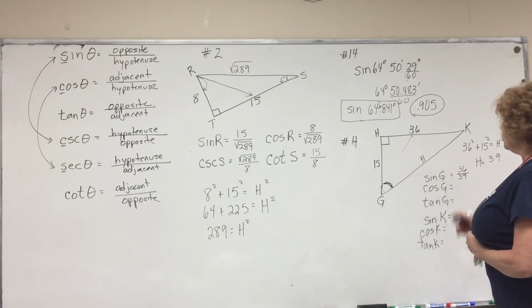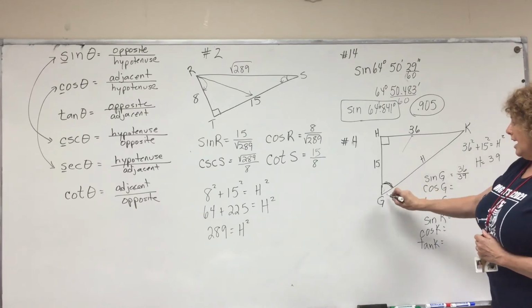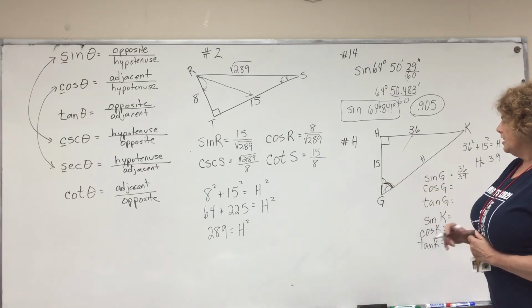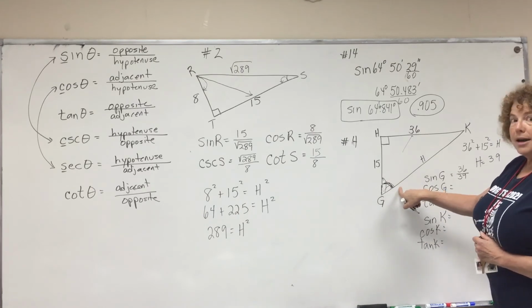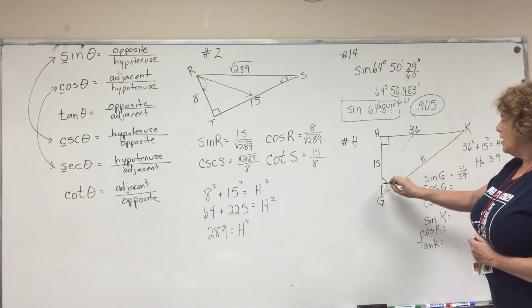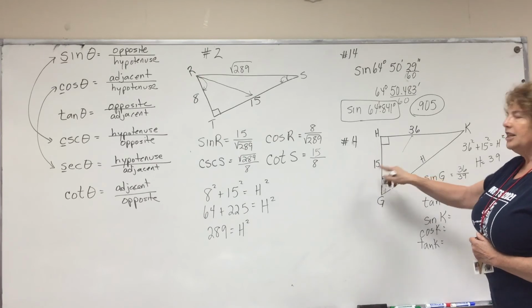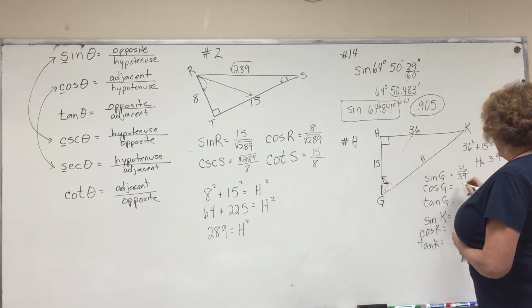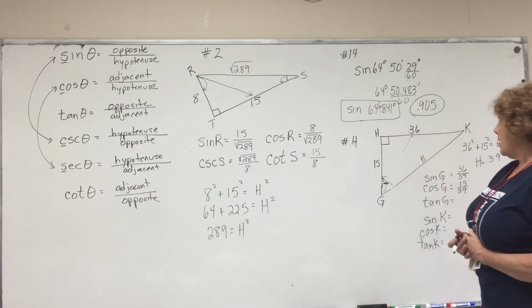The hypotenuse is 39. Cosine of G, you have two sides that are adjacent. But one of them is the hypotenuse, so that's not the one we use. We only use the one that's adjacent that's not the hypotenuse. So you would have 15 over 39 because that's adjacent over hypotenuse.